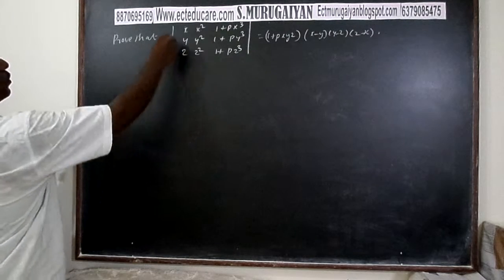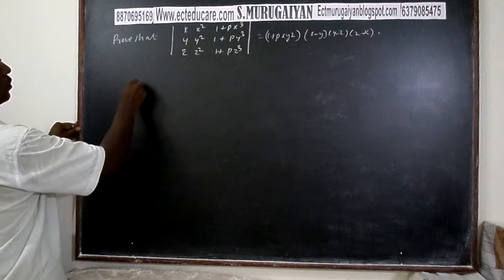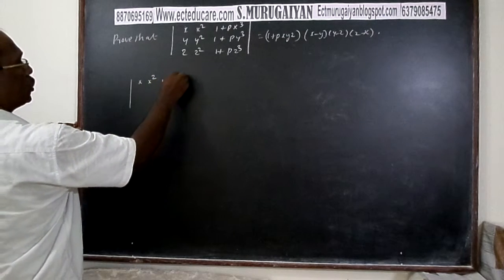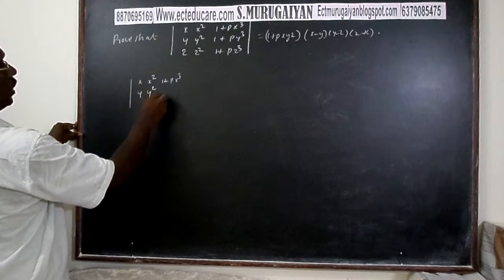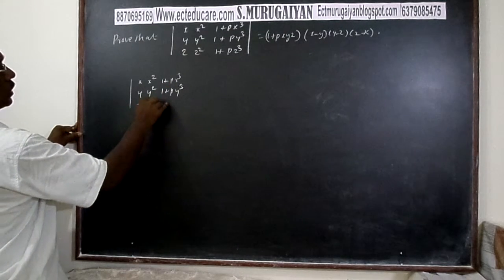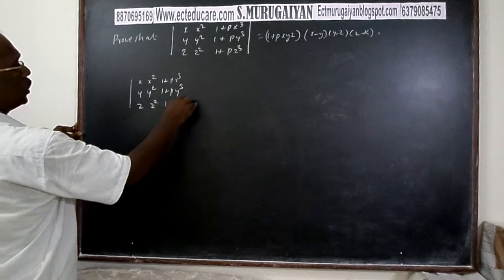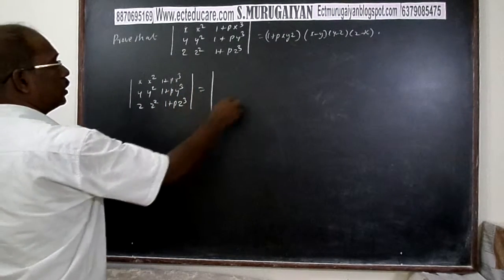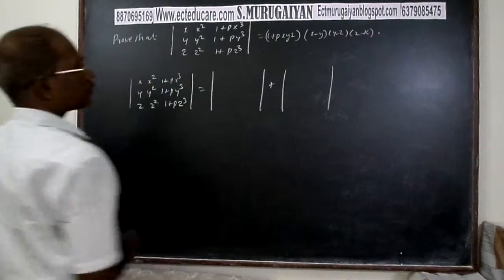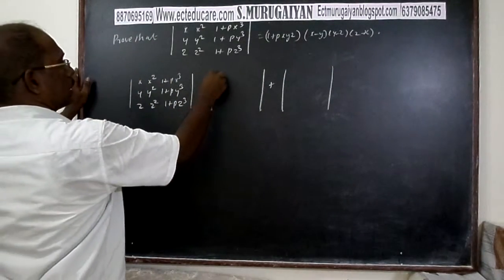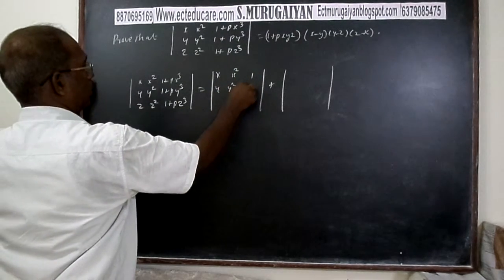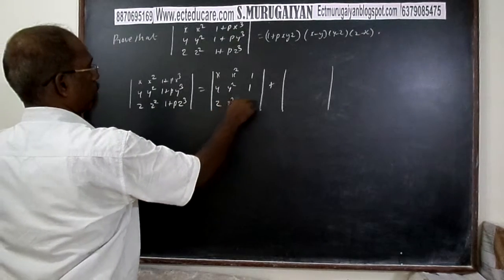The determinant x square, 1 plus p x cube; y square, 1 plus p y cube; z square, 1 plus p z cube is split into two determinants according to a property. So x square, taking the first term alone, 1; y square, 1; and z square, 1.